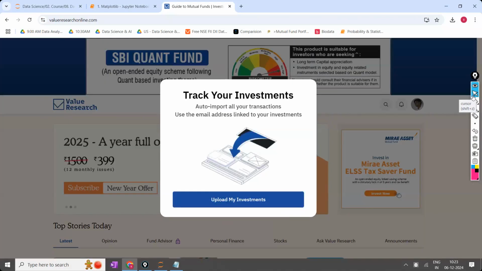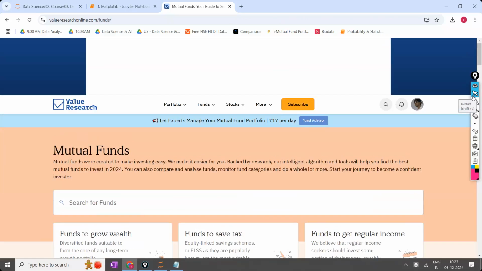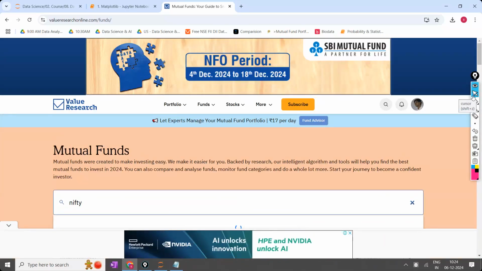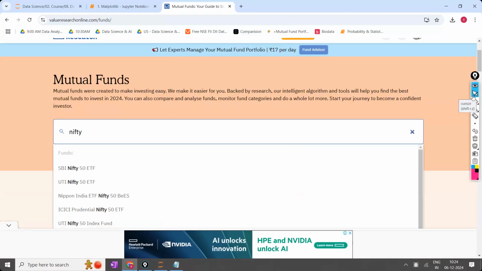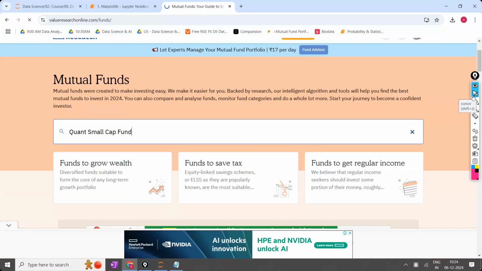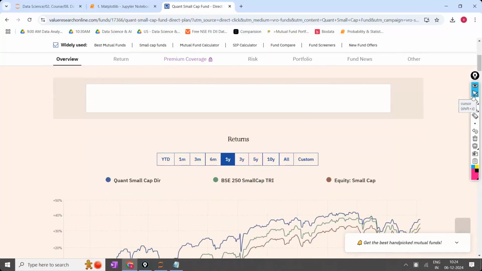So for that purpose, I'm showing you here one more. So can you see here line plot?